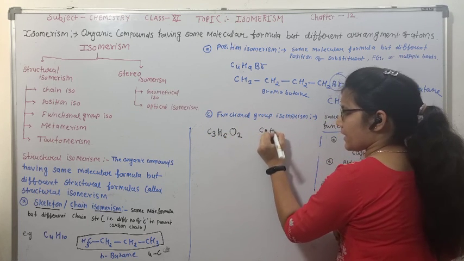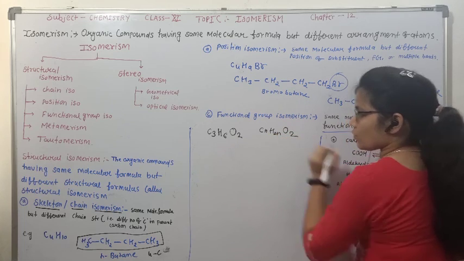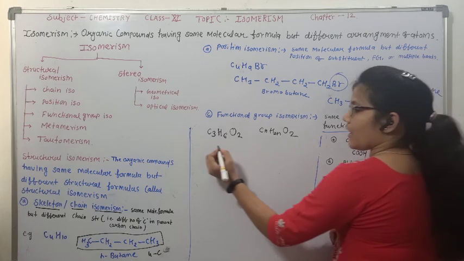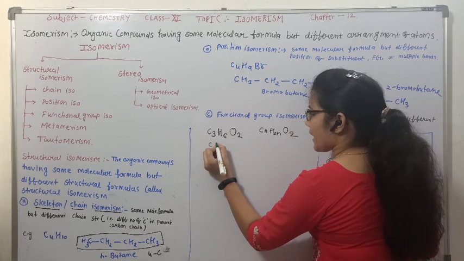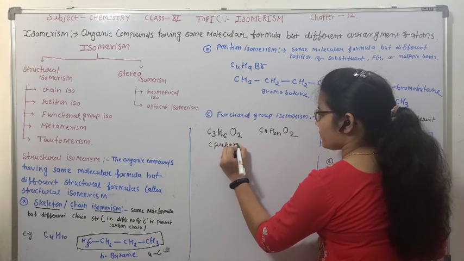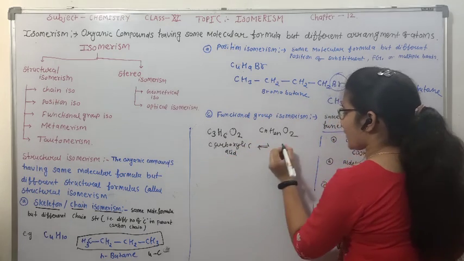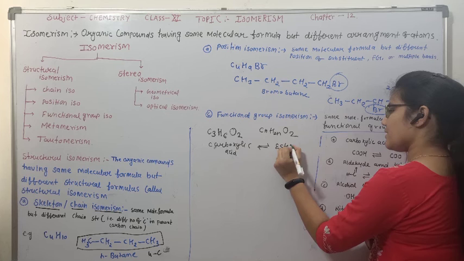Alkene, which is CnH2n, and here it is O2. So alkene plus O2, then we have to open the compound as carboxylic acid. Okay, and whose functional group isomer is ester.